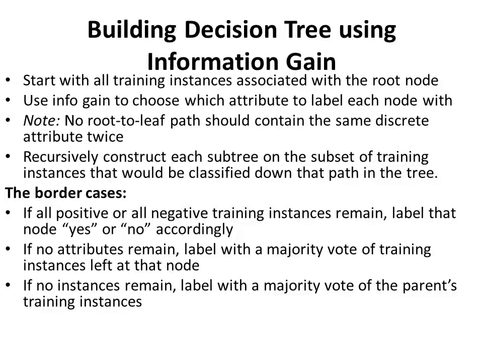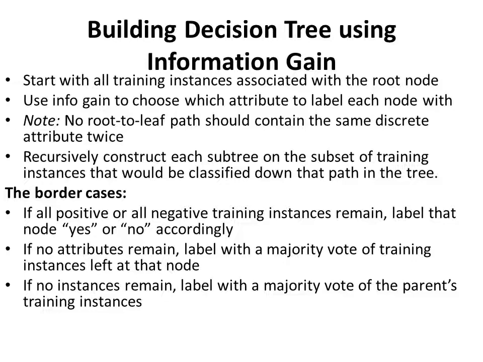So we need to start with the root node and find out the information gain for the attribute to choose for the node. There should not be any root to leaf path which contains the same discrete attribute twice, and recursively do the process again and again.